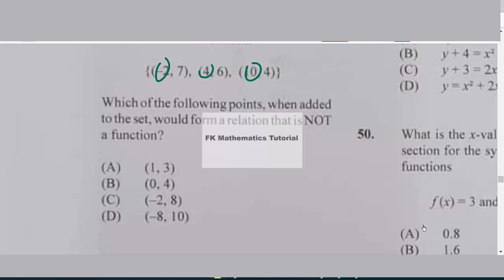So any of these points that has a first value which is one of these, either -2, 4, or 10, will be the correct choice. So the only one is -2, 8. So the correct answer is option C. If you put any of these points, 1, 3, 0, 4, -8, 10, it will still be a function because we will not have any of the first values being repeated.